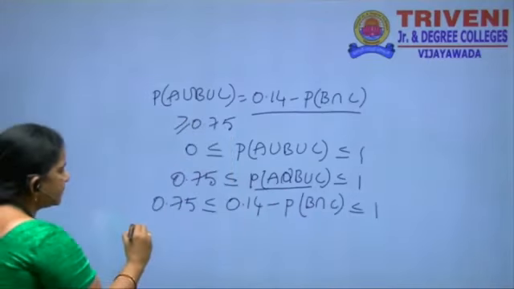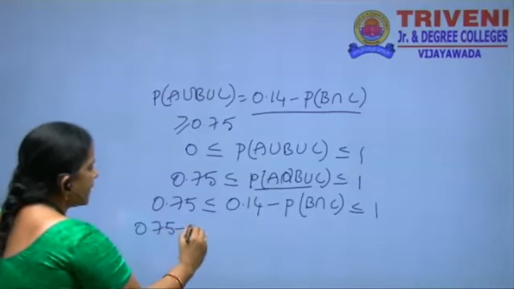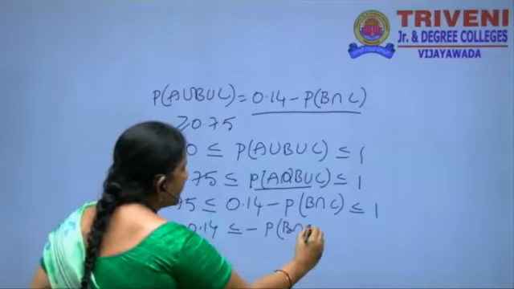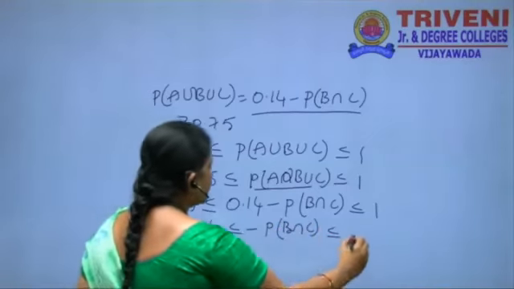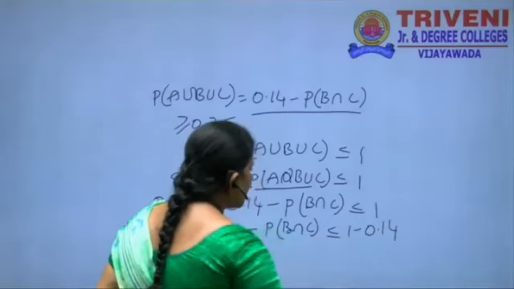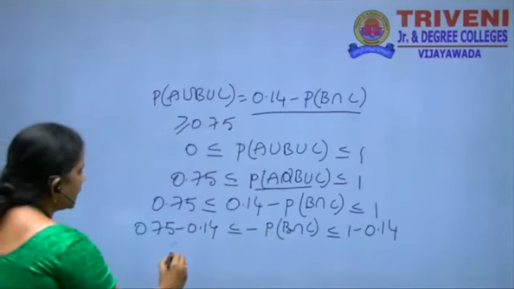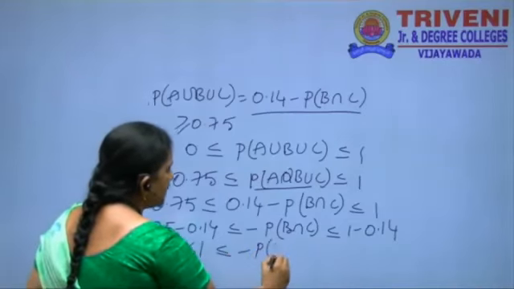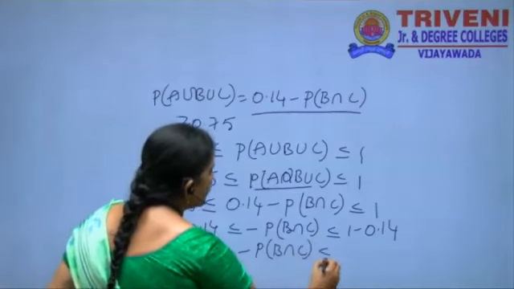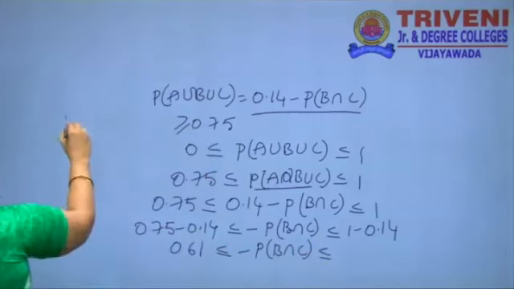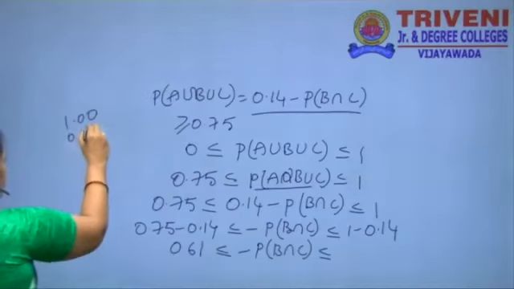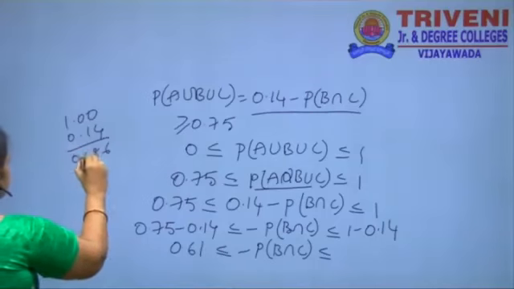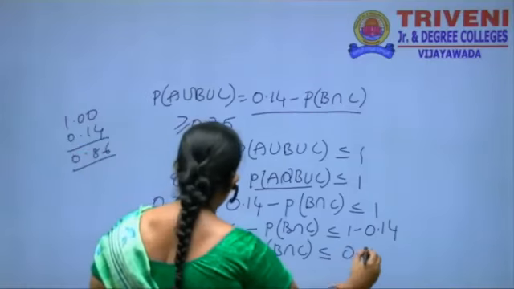Subtract on both sides of the equation: 0.75 minus 0.14 less than or equal to minus P of B intersection C less than or equal to 1 minus 0.14. Then what we get here is 0.61 less than or equal to minus P of B intersection C less than or equal to 1.00 minus 0.14, which is 0.86.